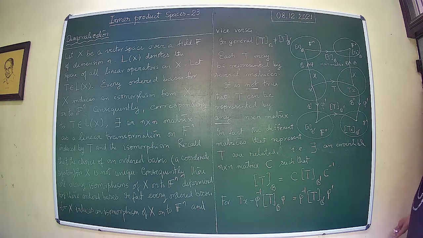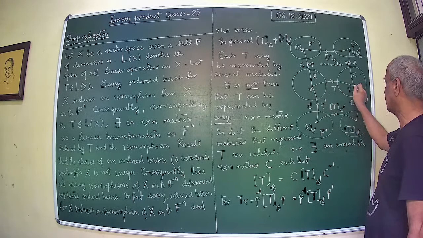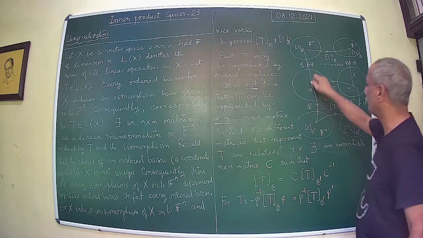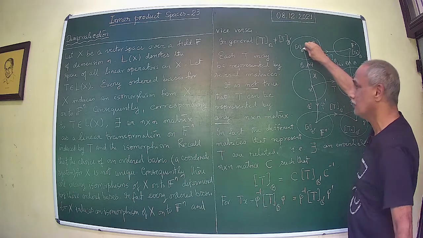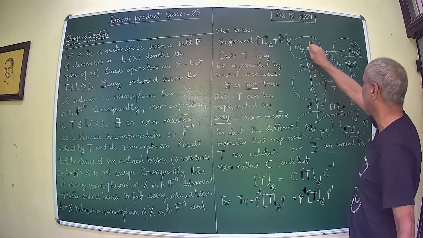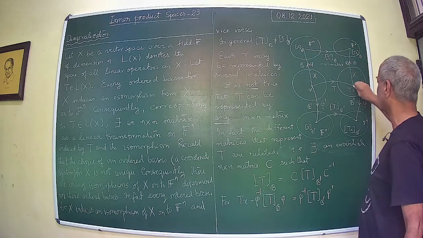It's simply the following, that is Tx is this, we work it out in this way. First apply phi on x, you will reach here, and then apply TB, then apply phi inverse, you are at Tx.